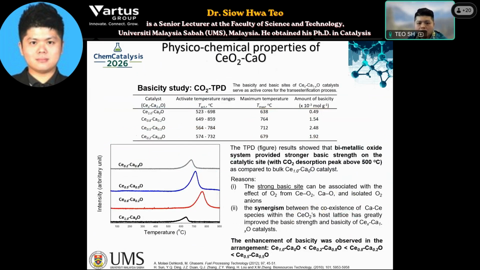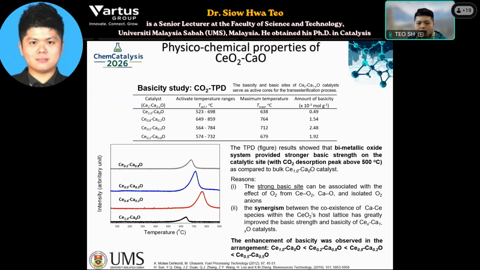The result shows that the mixed metal oxide catalyst exhibits stronger basic sites compared with the single metal oxide catalyst. As shown in the TPD profile here, the desorption peaks of the mixed metal catalyst appear at higher temperature, indicating the presence of stronger basic sites.